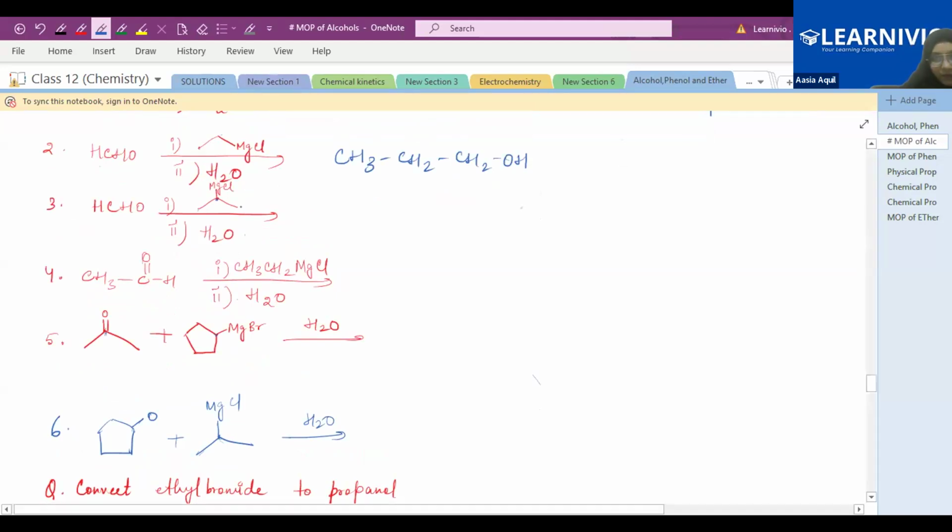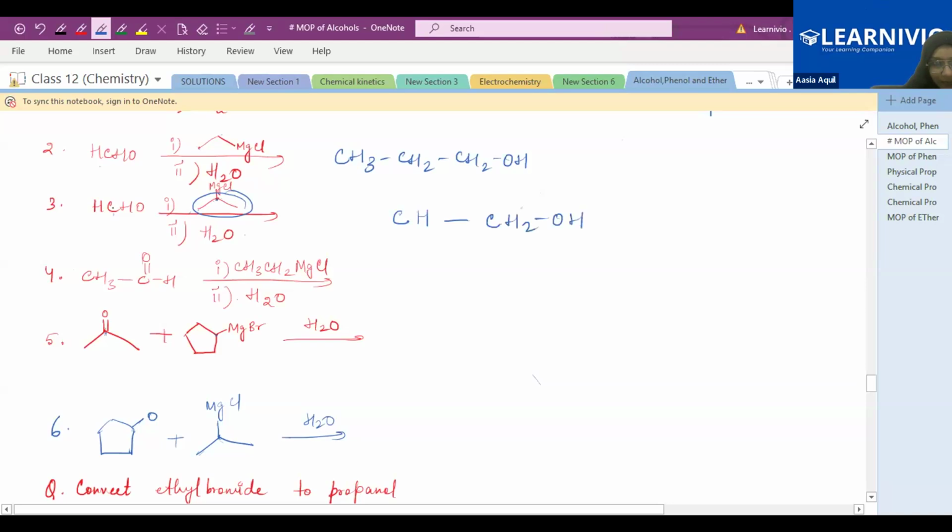Okay, this group, CH3, CH2, and CH3 group is your alkyl group. Okay, so just attach this alkyl group to this carbon. Okay, when you attach this group to this carbon, so it will be CH, okay, and 1, 2, 3. Basically, this group is your CH2OH.